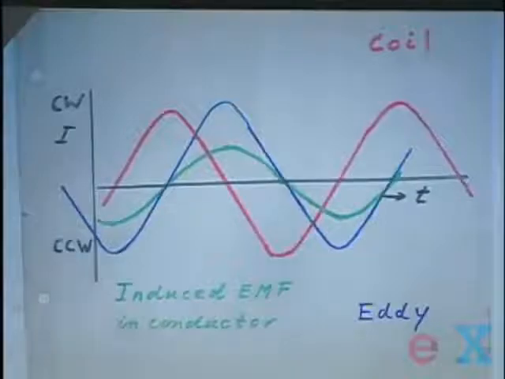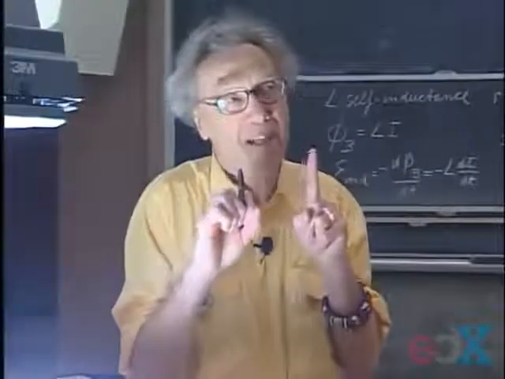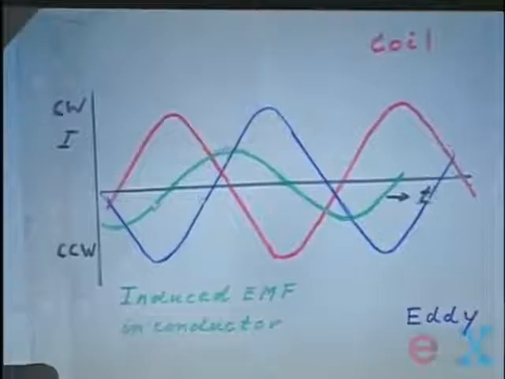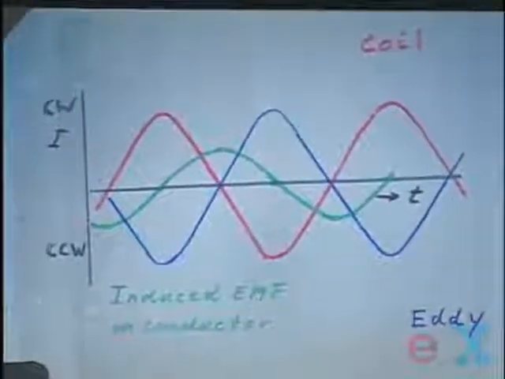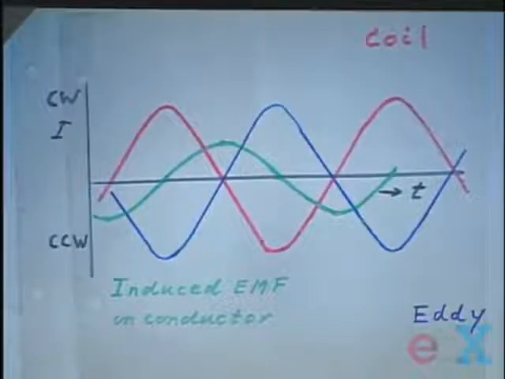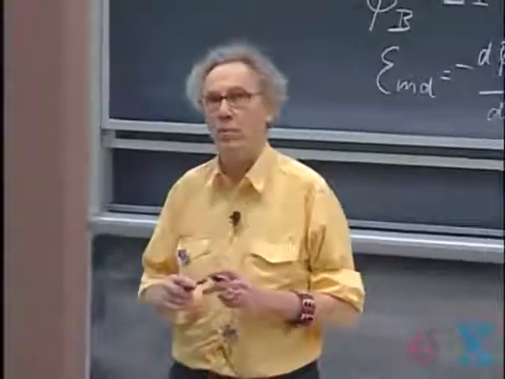But now, if I have a phase delay so that the induced current comes later than the EMF, and I'm going to do something dramatic, I'm going to shift it by 90 degrees, so the current is now 90 degrees delayed relative to the induced EMF. Look now that the red curve and the blue curve are always in opposite directions. And so now there's 100% of the time a repelling force. The coil repels the conductor, and the conductor repels the coil.